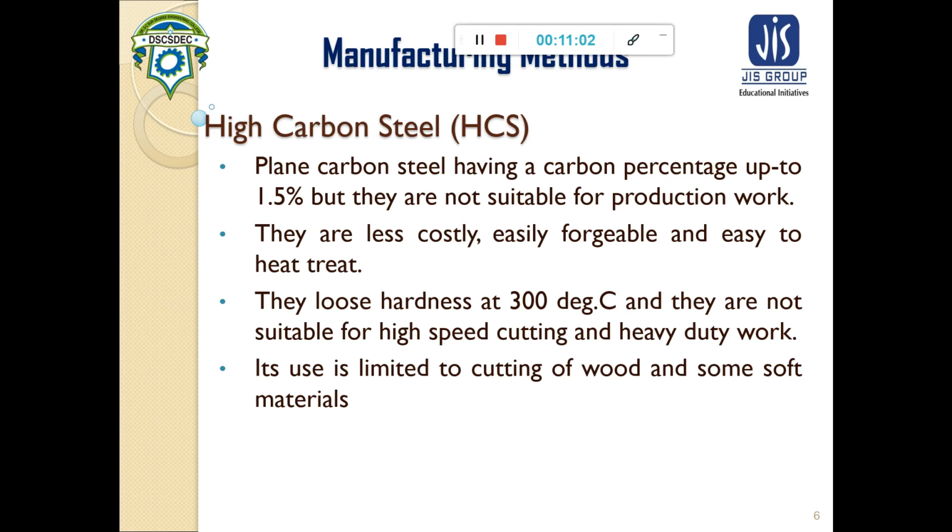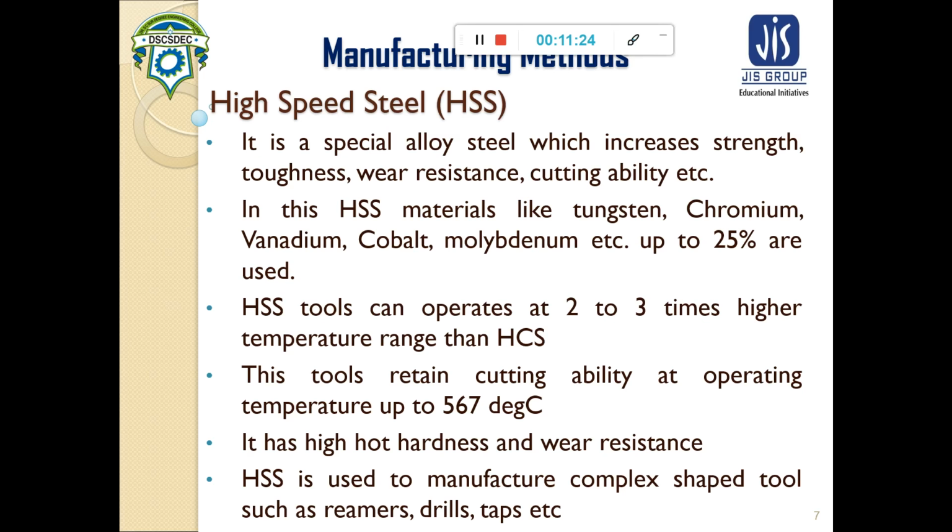So this cannot be used for high speed cutting or heavy duty work. It is only used to cut wood or some soft material. So for cutting wood and some soft materials, this HCS or high carbon steel material is used.